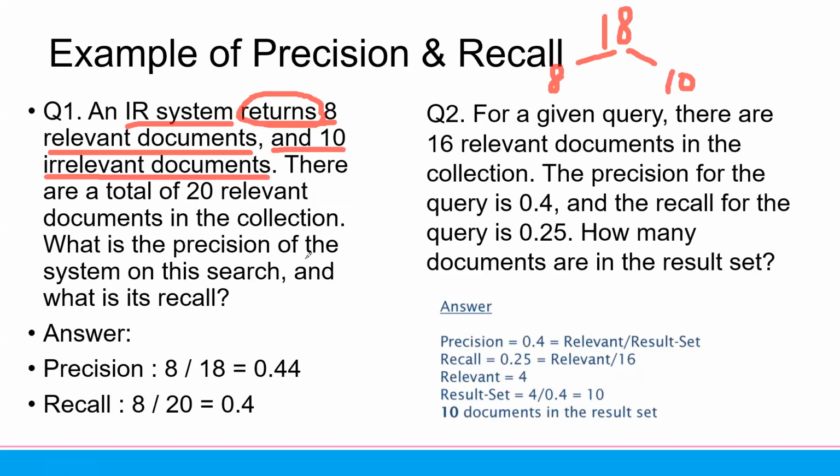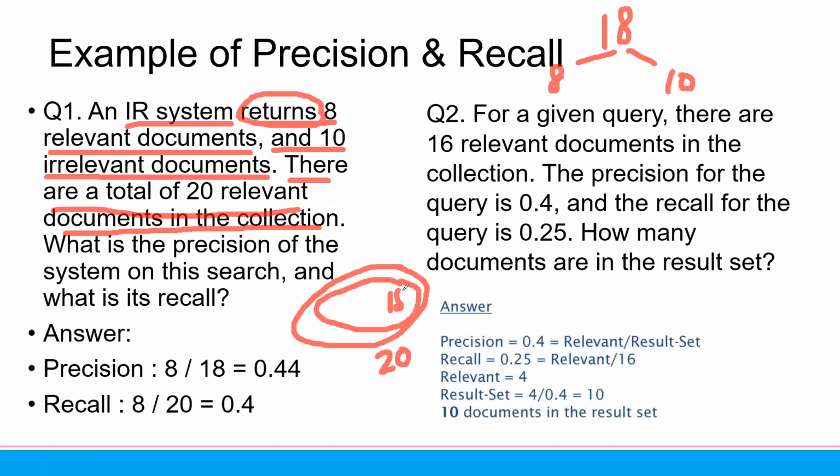There are a total of 20 relevant documents in the collection. So in total, the overall documents I have are 20. But after I search the documents, I got only 18. So there are 2 remaining documents that are not retrieved. So what is the precision of the system on this search? And what is its recall?